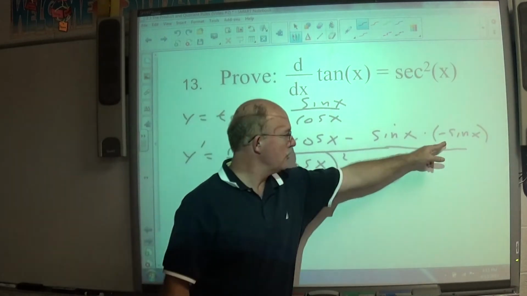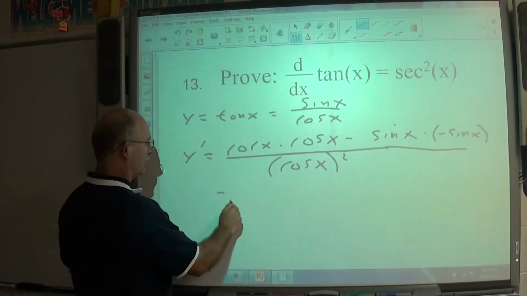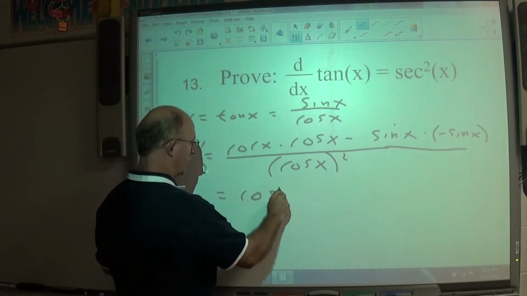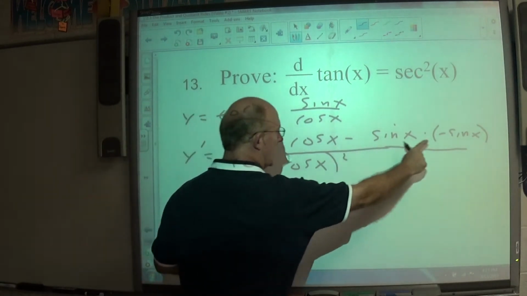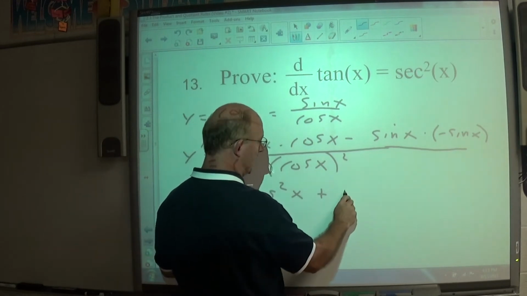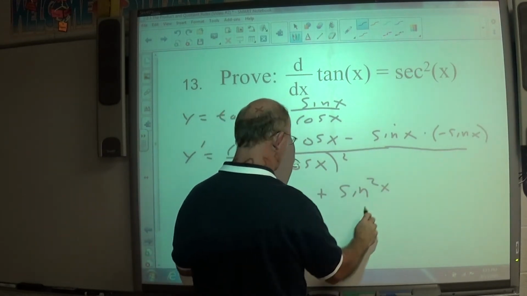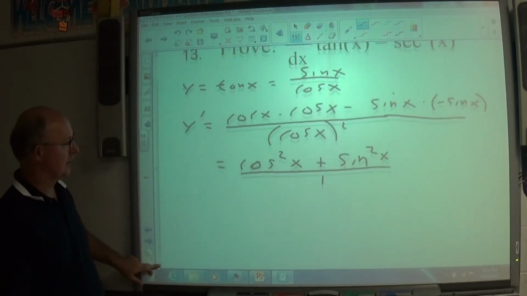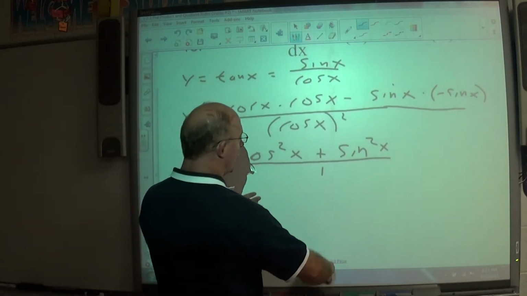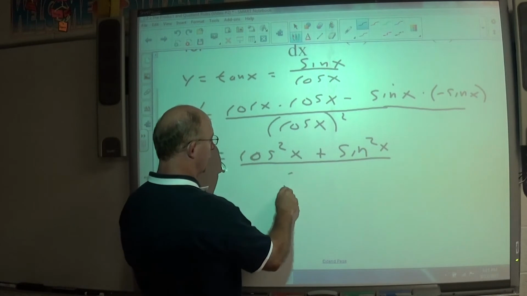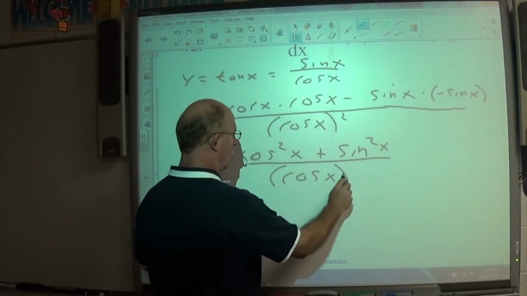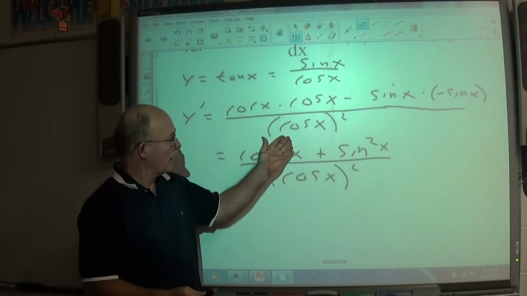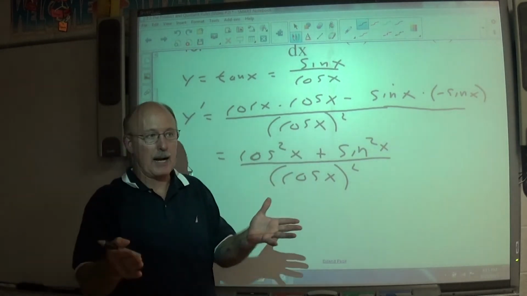Right, so the bottom times the derivative of the top minus the top times the derivative of the bottom. Now we have two negatives here, so I'm going to change that to plus a positive. Cosine times cosine is cosine squared x, and sine times sine is sine squared x. All this divided by cosine x quantity squared. Now, you remember cosine squared x plus sine squared x, that's our Pythagorean identity, all right?